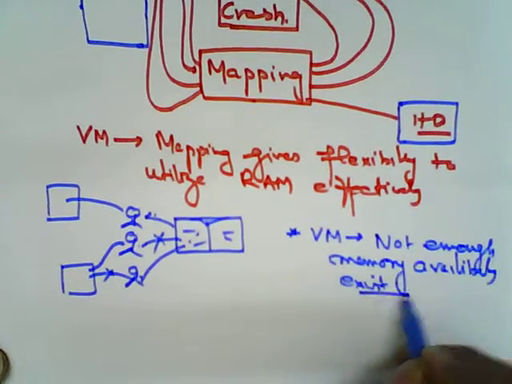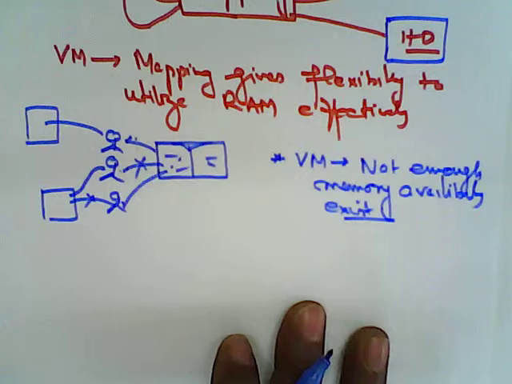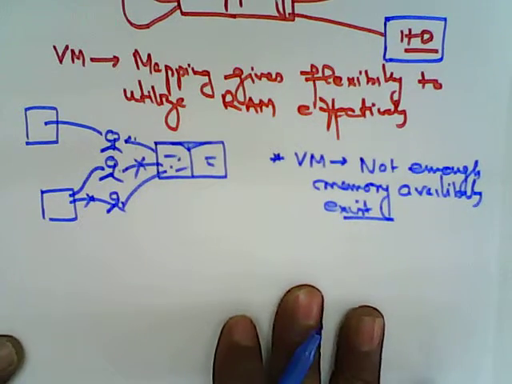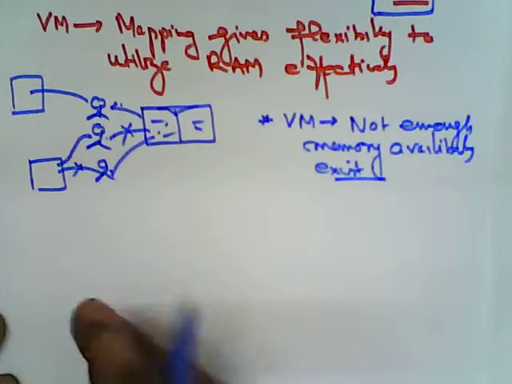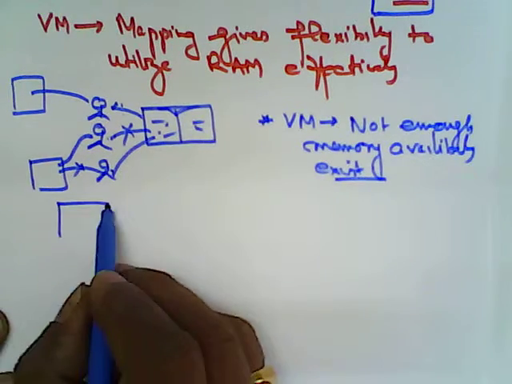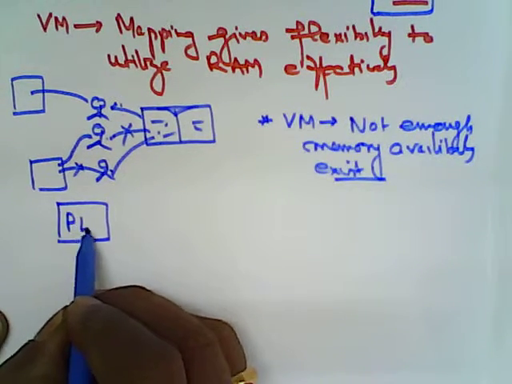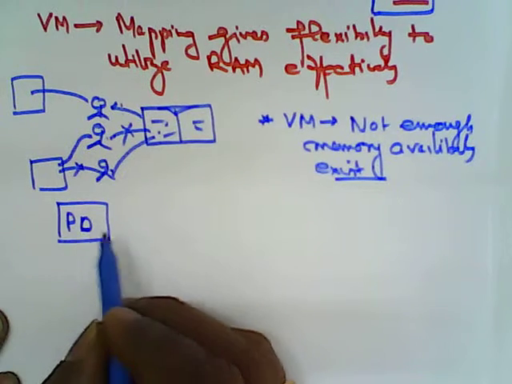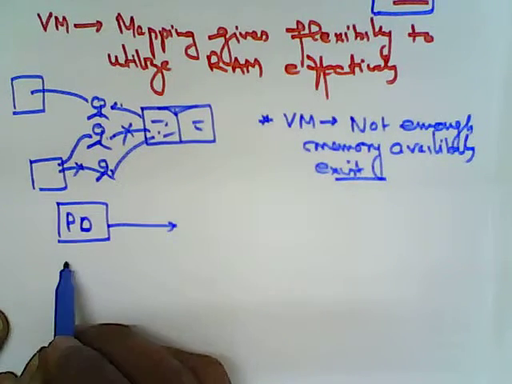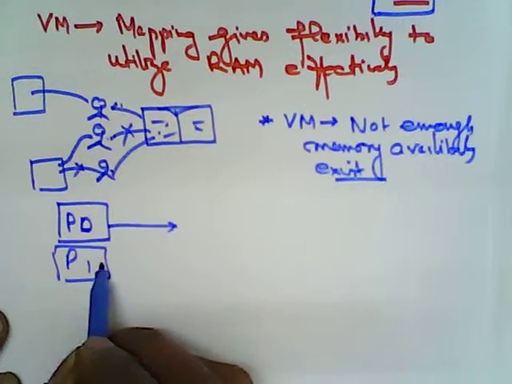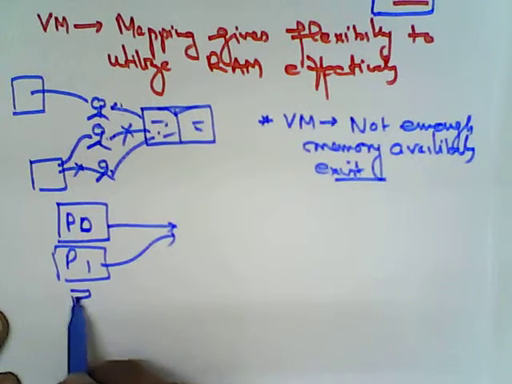In the case of virtualization, you will see that you have a program loaded with address 0, a program loaded with address 1, a program loaded with address 2, like that, a program loaded with address n.